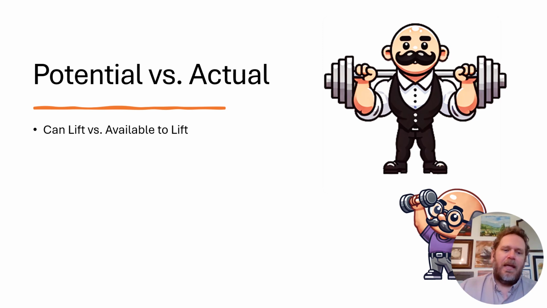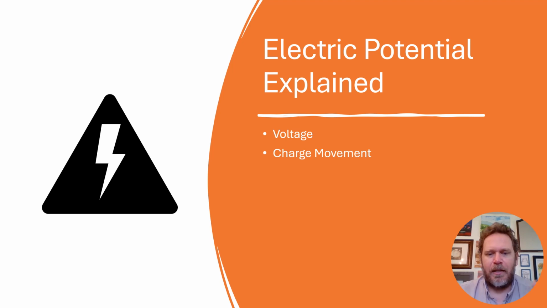In a similar fashion, electric potential tells us the same thing. It doesn't really tell us how much electric charge or current is being moved, but rather how much could be moved if it is available to be moved. So I'm going to say that one more time.